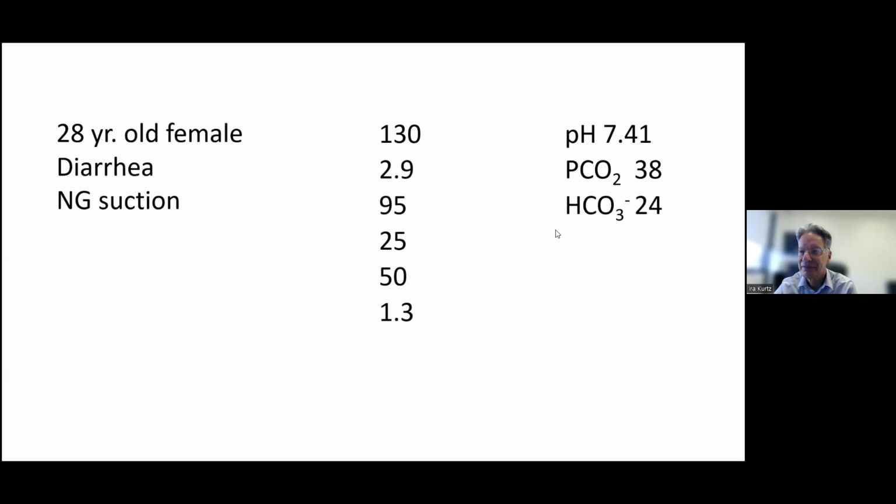The PCO2 on the blood gas is, I guess, low normal. Well, remember, it's a female. That's normal for a female. Okay. Remember that difference on your exam between males and females. Females do not have a PCO2 of 40.